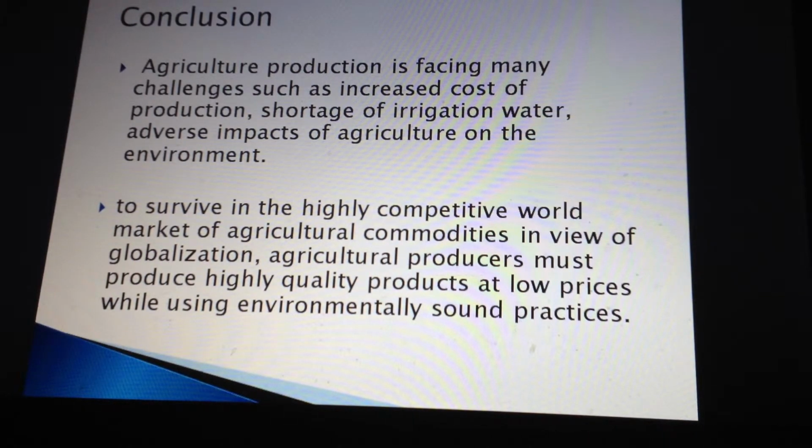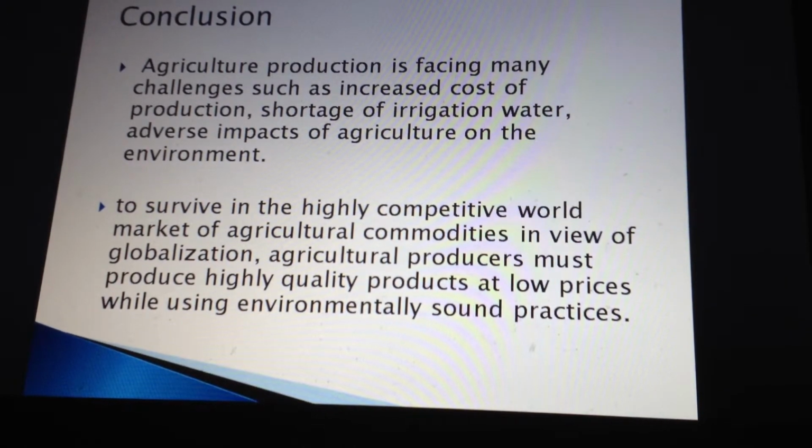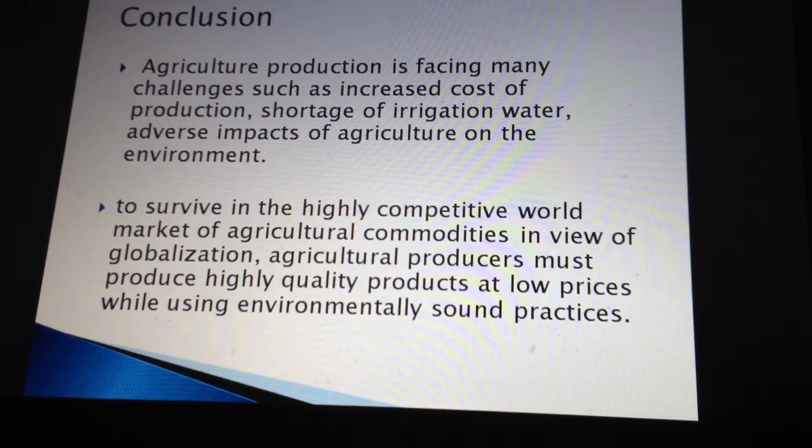To survive in the highly competitive world market of agriculture commodities, in view of globalization, agricultural producers must produce high quality products at low prices while using environmentally sound practices.